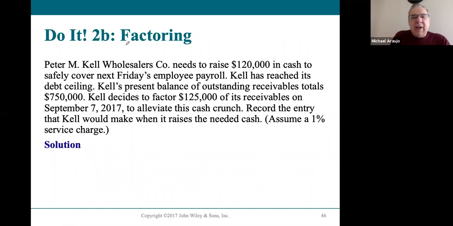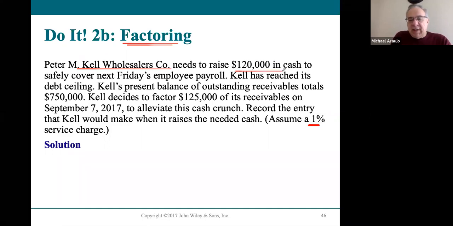Okay. So again, factoring is selling off receivables for cash, but there is a service fee. So here's an example where you have a wholesale company who needs $120,000 cash now to cover payroll, which I think their employees would appreciate.